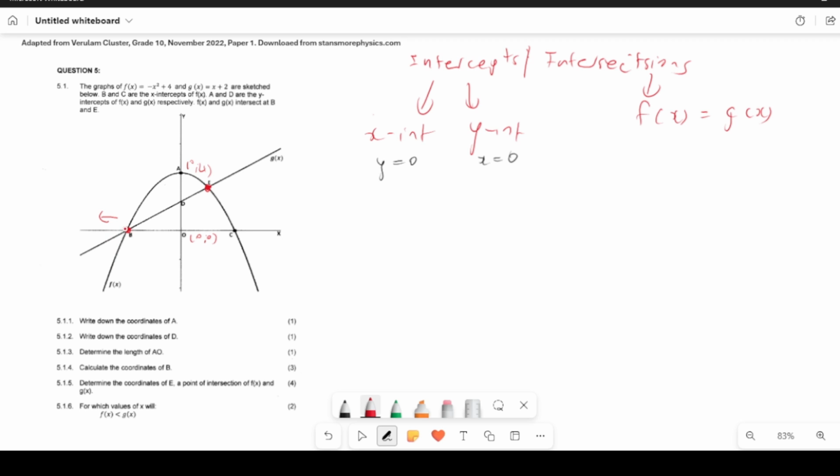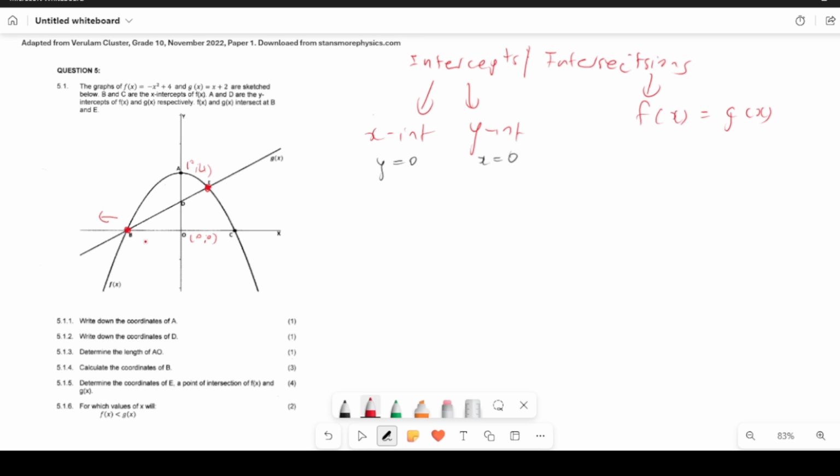If it was the same, then these functions would have overlapped. The fact that they're not overlapping means that one value is greater than the other. In this case, when I move to the left, the y value of the g of x function is greater than the y value of the f of x function. So the y value of the straight line is greater than that of the parabolic function.